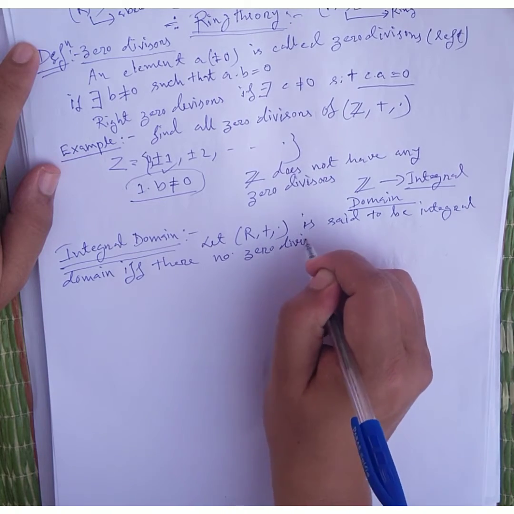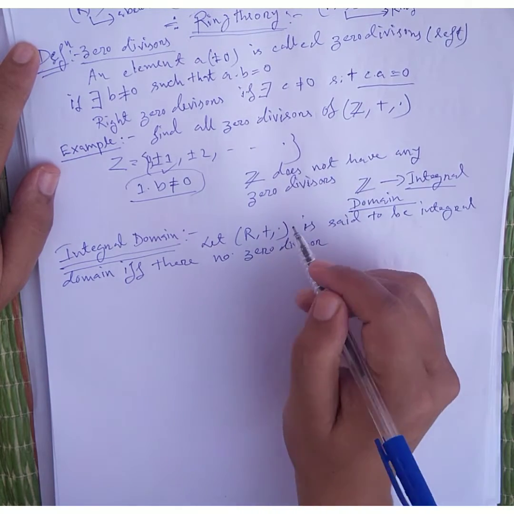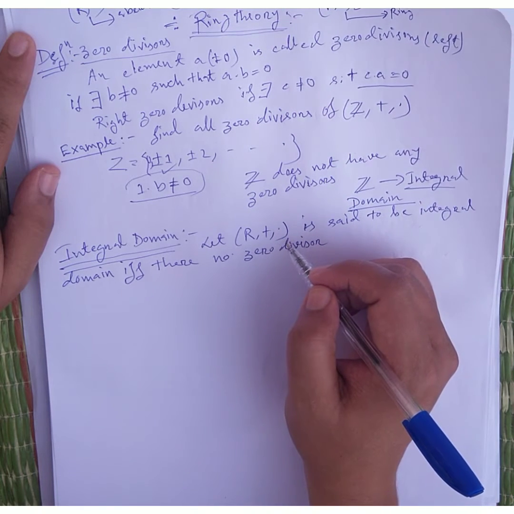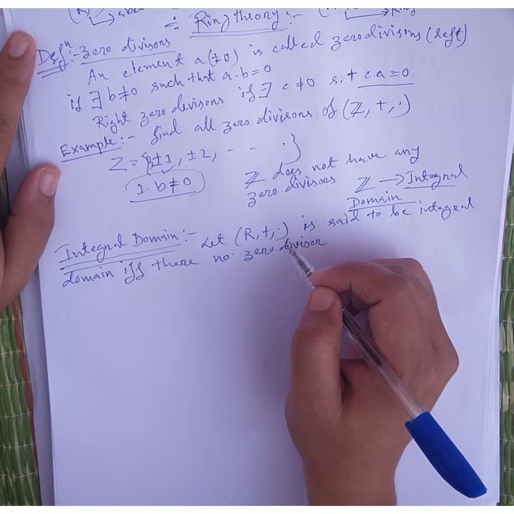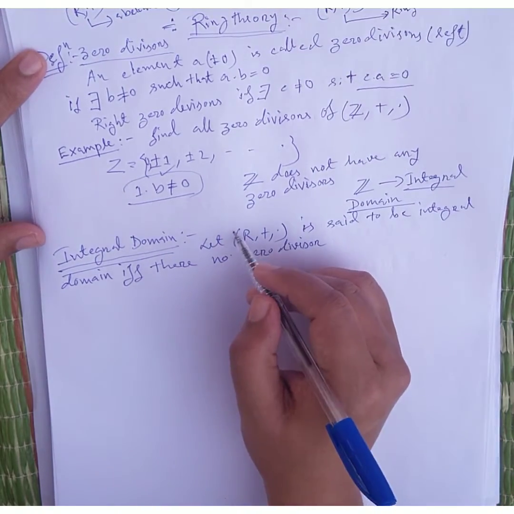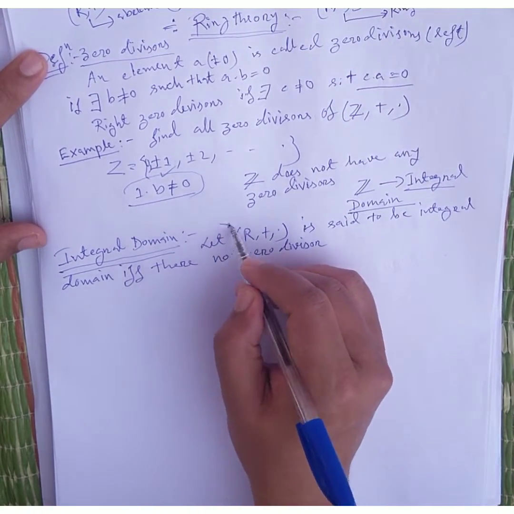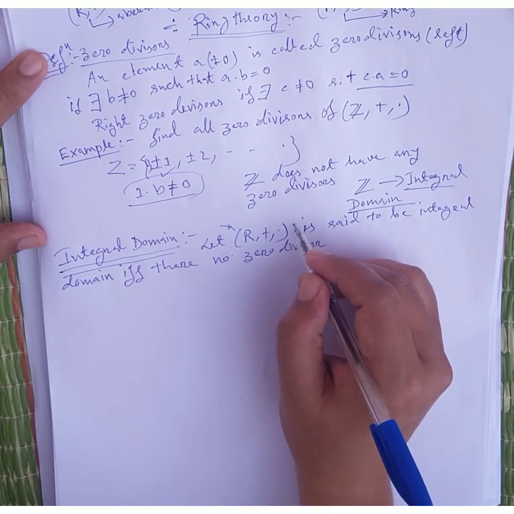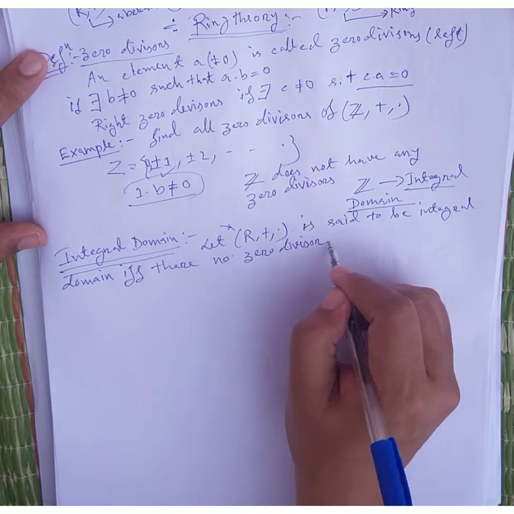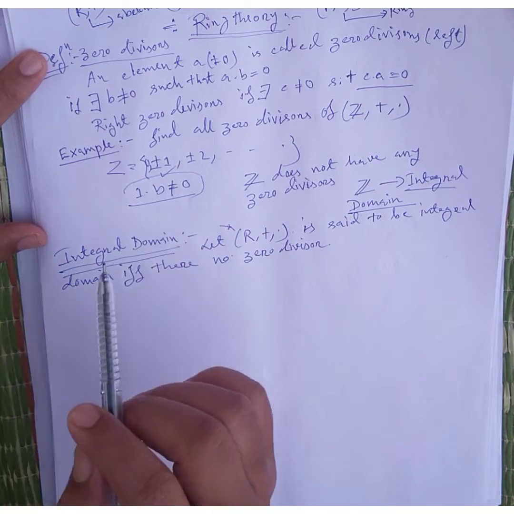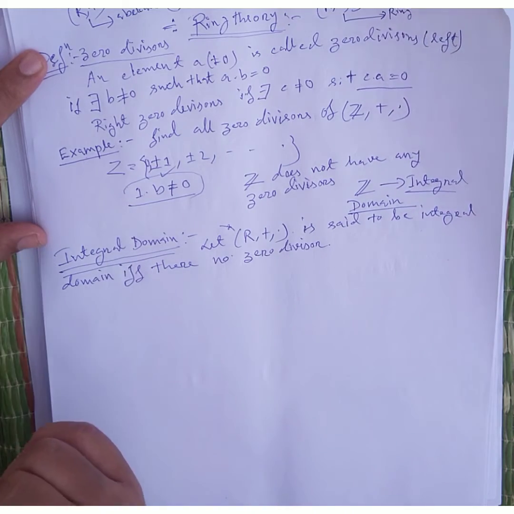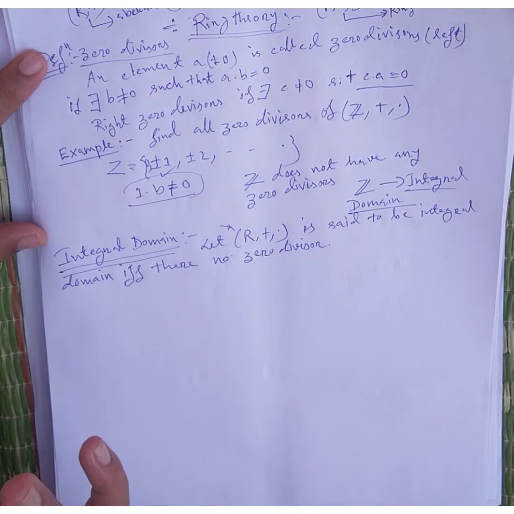So no zero divisors means integral domain, and when you can get zero divisors, it is not an integral domain. So it is very, very important to know the definition of zero divisors.